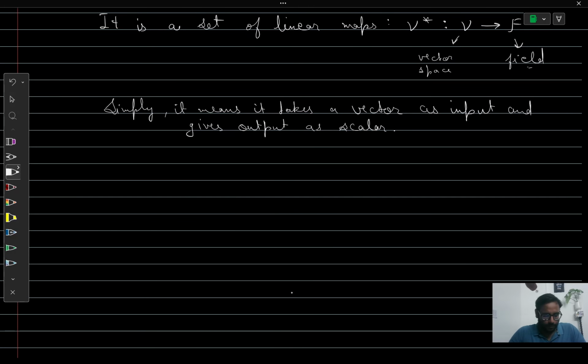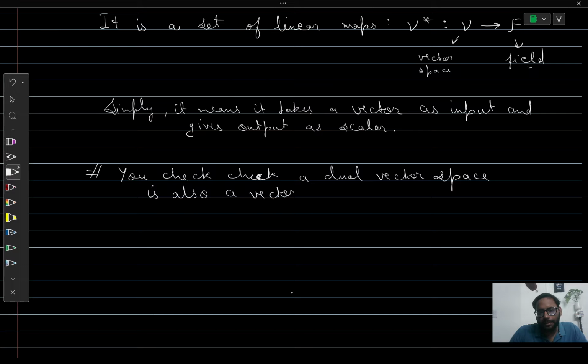Okay, you can also check that a dual vector space is also a vector space since its elements follow all axioms of a vector space.